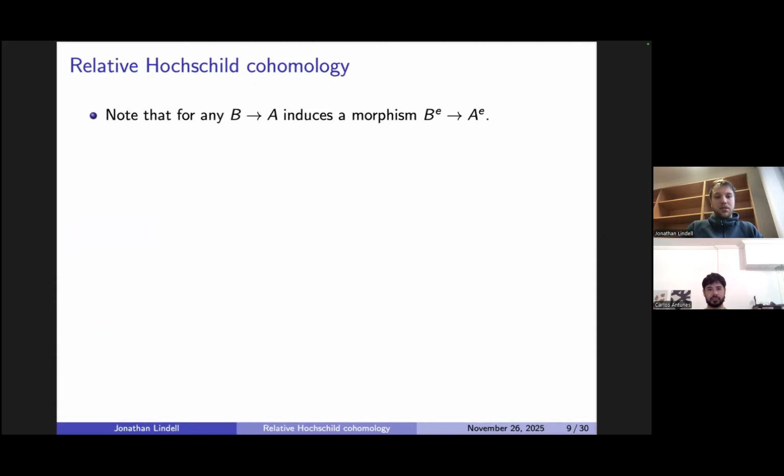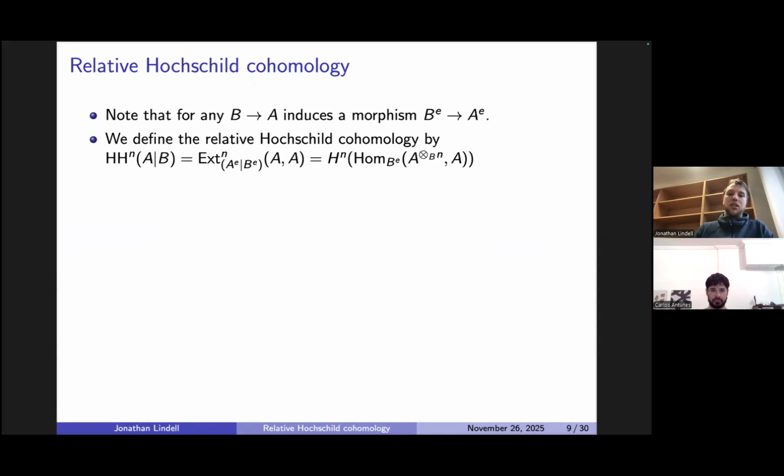So if we now have a homomorphism B to A, this in turn induces a morphism of the enveloping algebras. In particular, we can define the relative Hochschild cohomology to be the relative Ext with respect to the enveloping algebras of A.